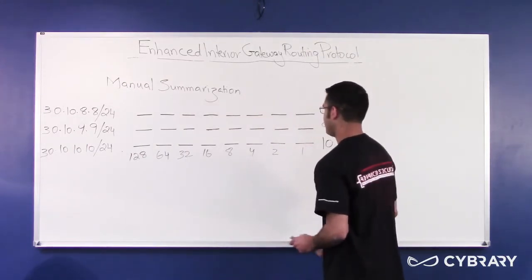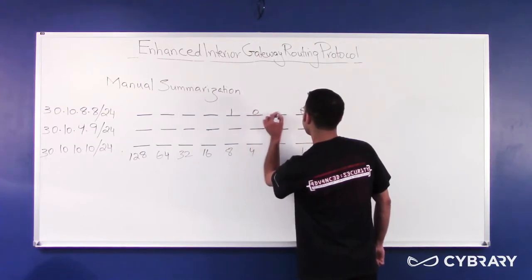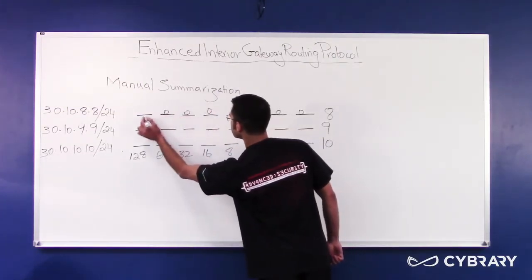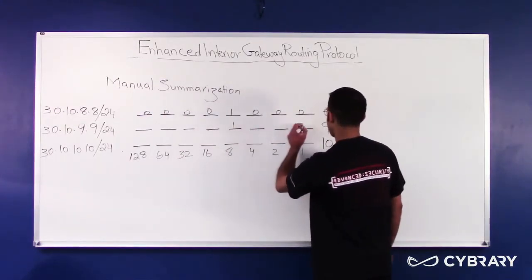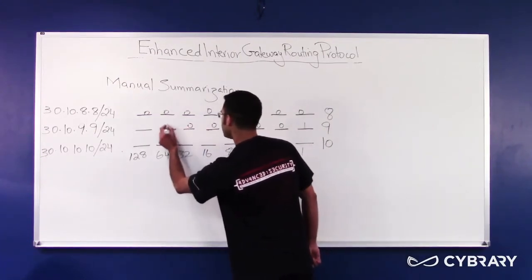Now, how do I get 8? Turn the 8-bit on, and the rest of them are zeros. How do I get 9? I get the 8 and the 1-bit on, and the rest of them are zeros.